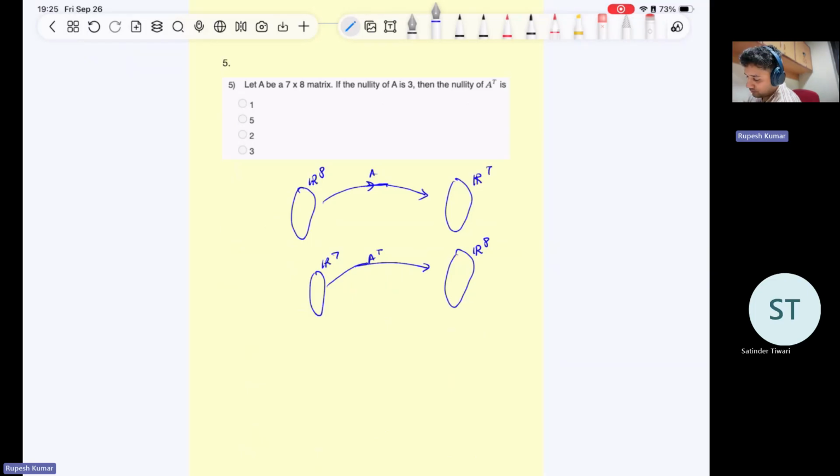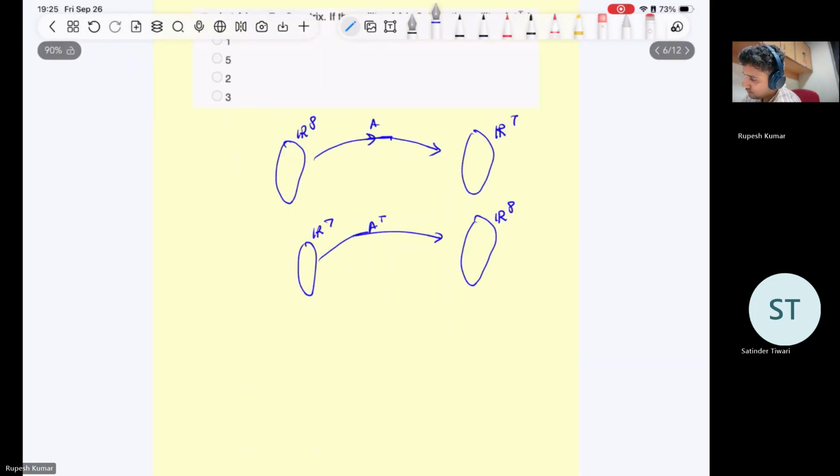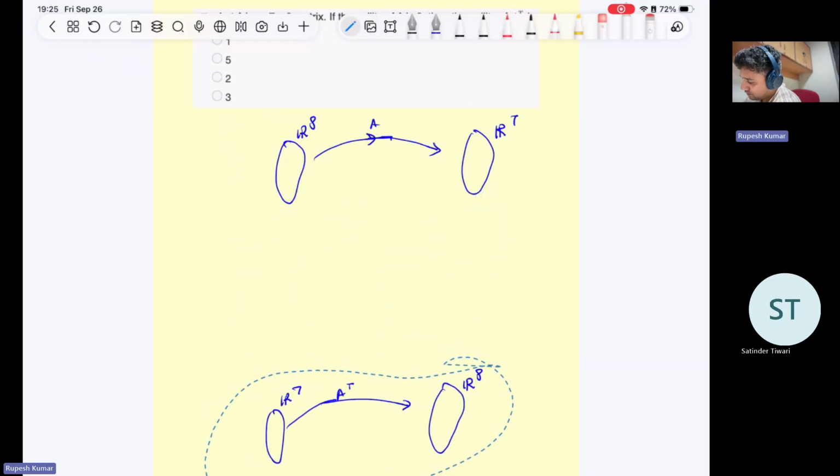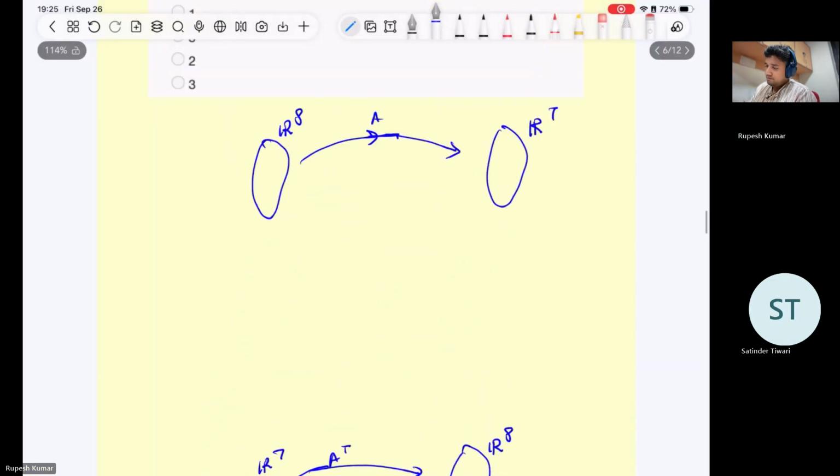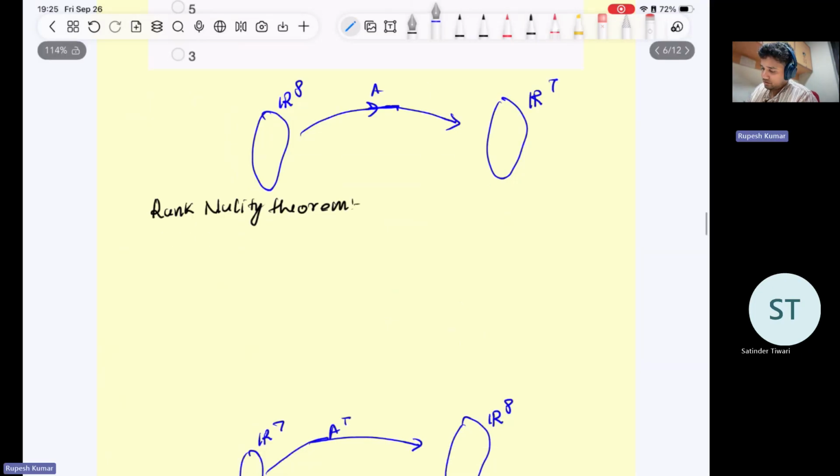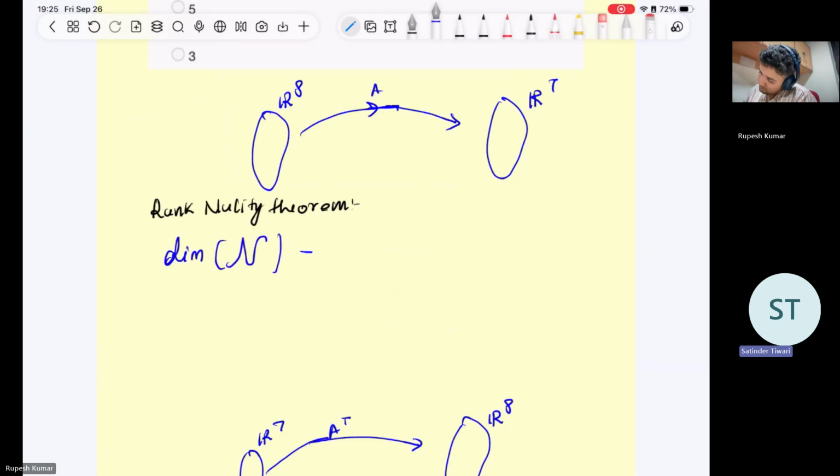Let's use the rank-nullity theorem here. What does the rank-nullity theorem say? The dimension of the column space plus the null space will be 8, the number of columns. Basically, let's call the null space NA and the rank RA.